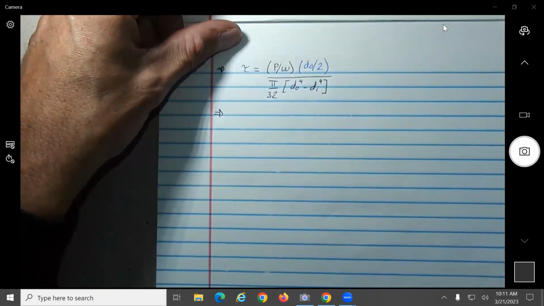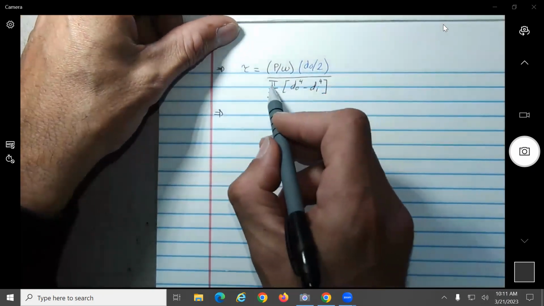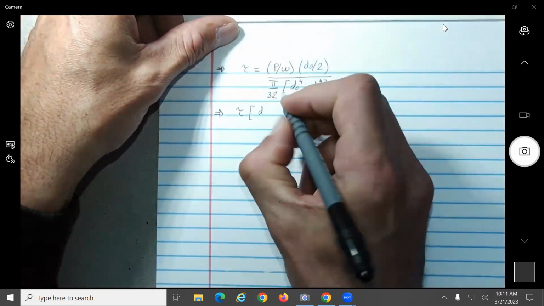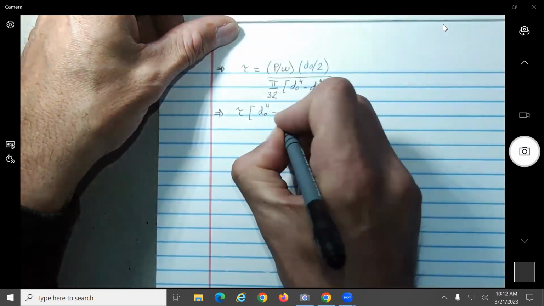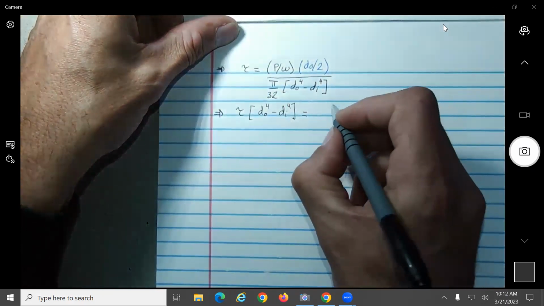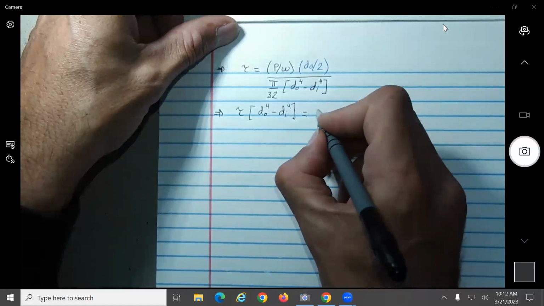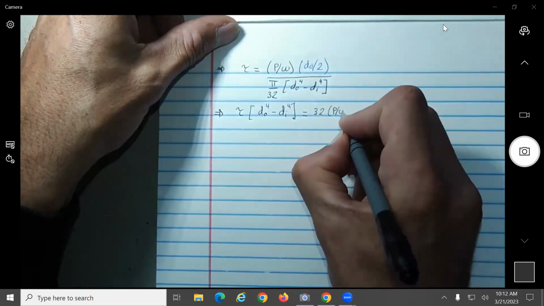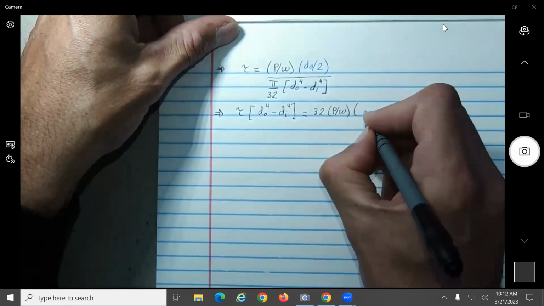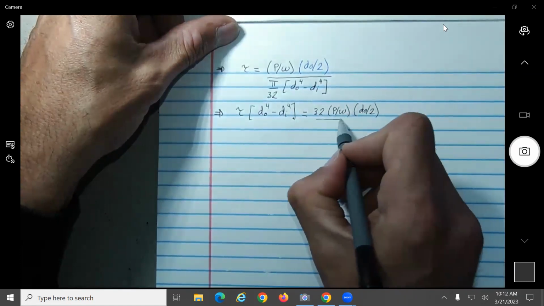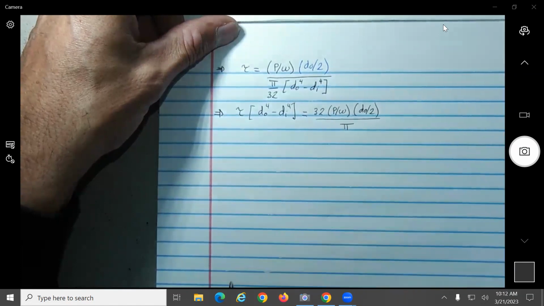If we move this one to this side, we have D outside to the 4th minus D inside diameter to the 4th will be equal to 32 power over this times D outside divided by 2, divided by pi.